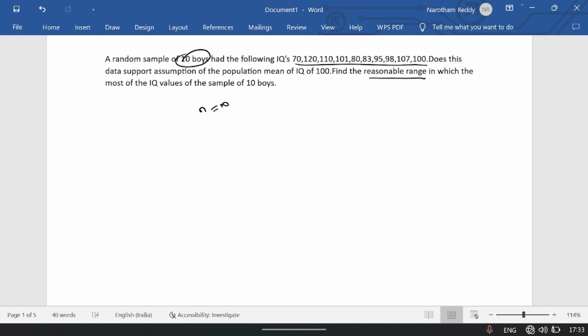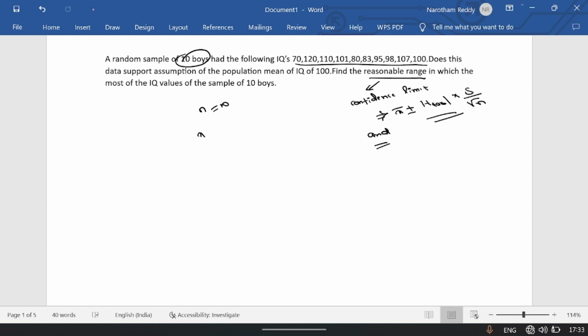We have to find the reasonable range, which is the confidence limit, which equals x bar plus or minus t tabular value times standard deviation by root n, and we have to prove whether it is significant or not.